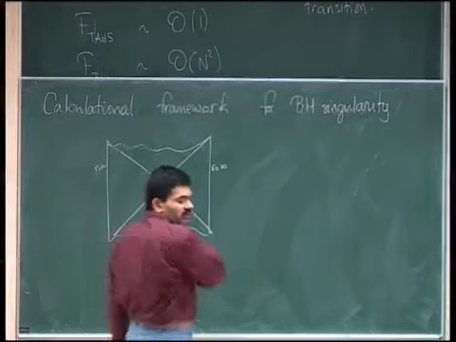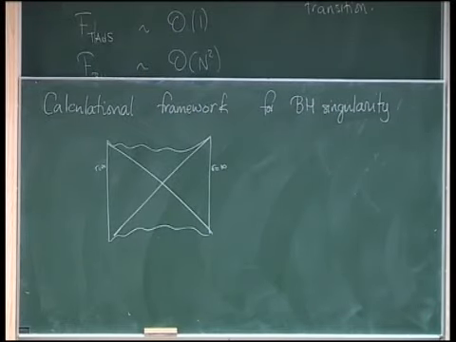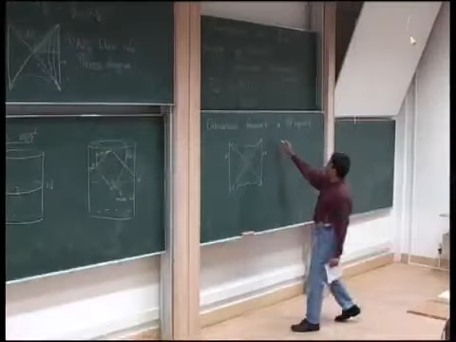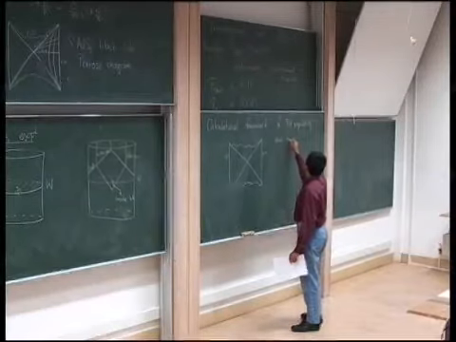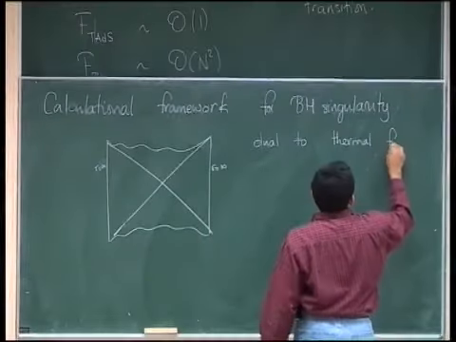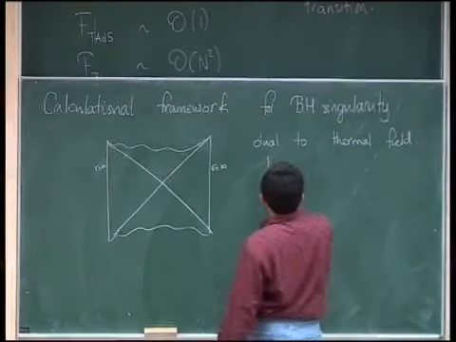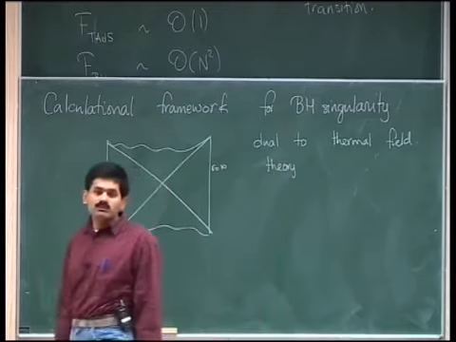I convinced you a while ago by comparing free energies in the Euclidean context that this geometry was dual to a thermal field theory, i.e. dual to working in the canonical ensemble.